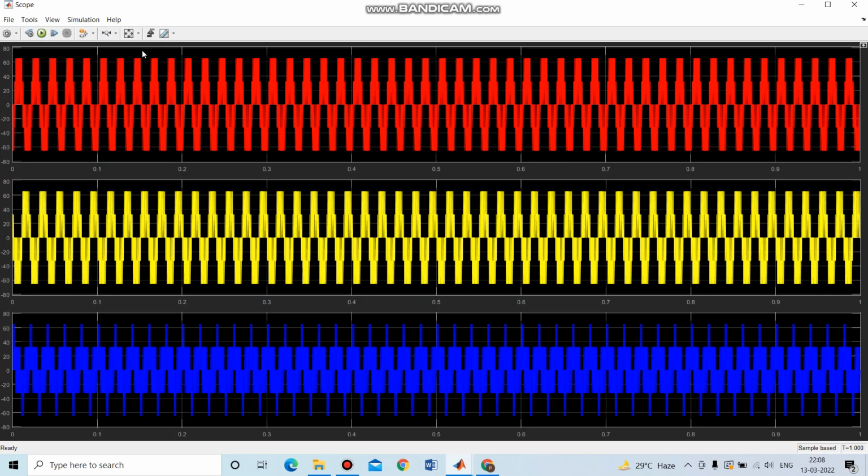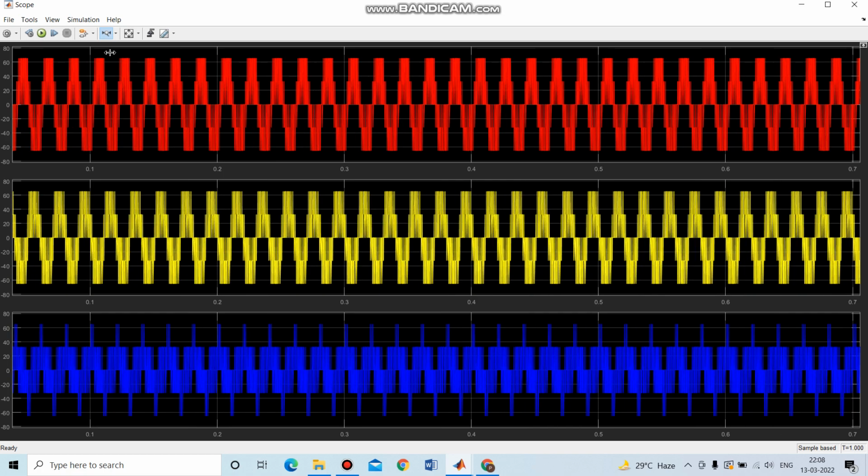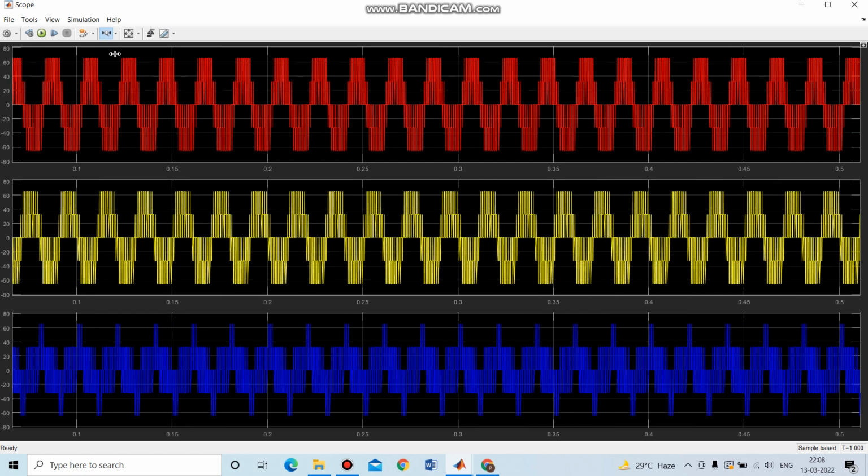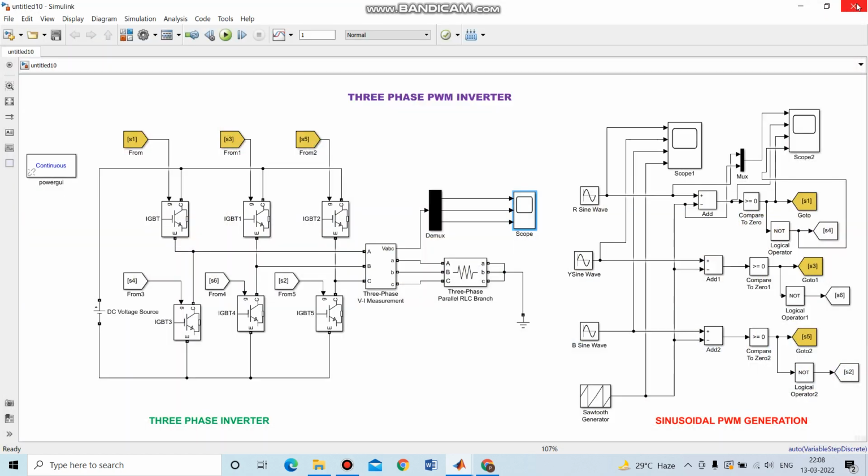Here we can see clearly your R, Y and B phase voltage from the 3-phase measurement. Next we are going to see the RYB sine wave with your sawtooth generator.